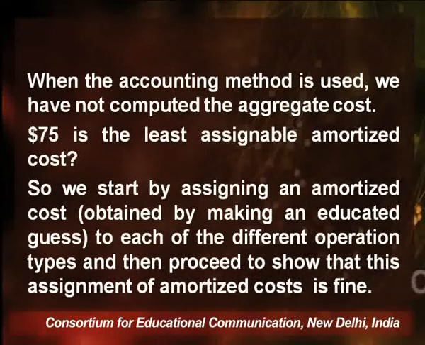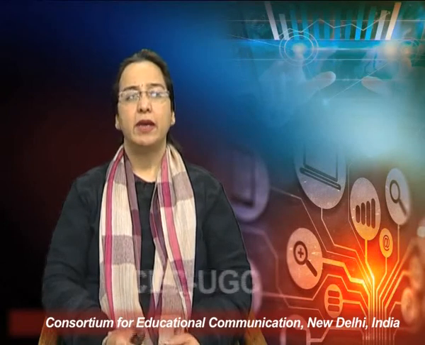So we can always experiment by performing another accounting method, not with $75 but with an amortized cost of $70. So here what we did was, we started by assigning an amortized cost to each of the different operation types, and then proceeded to show that this assignment of amortized cost is fine. So my $75 was actually okay.